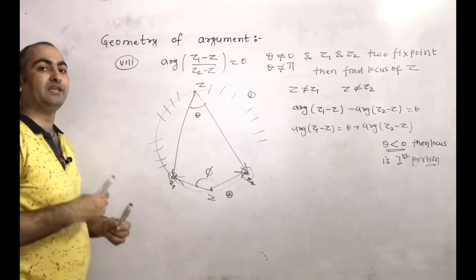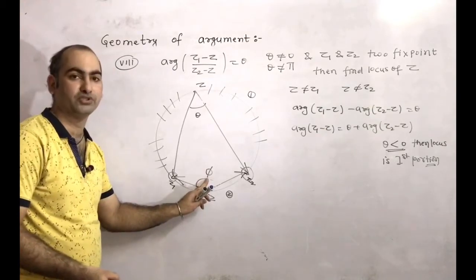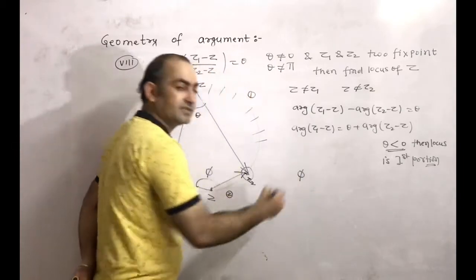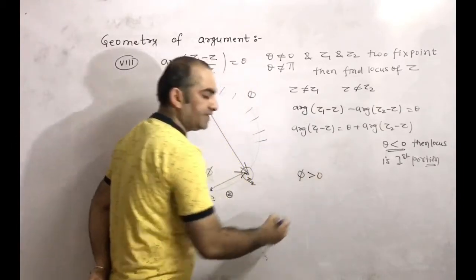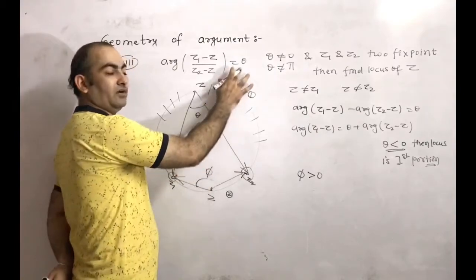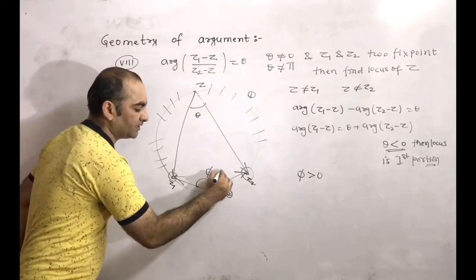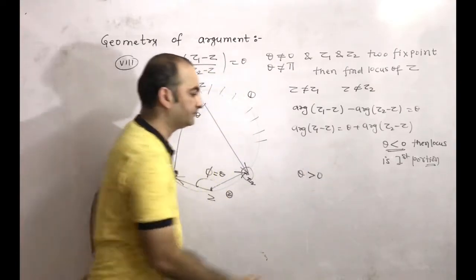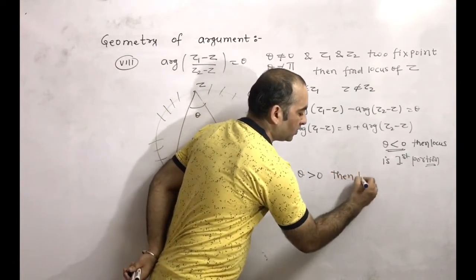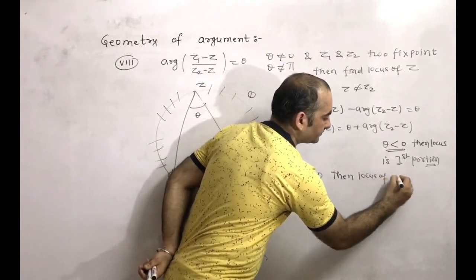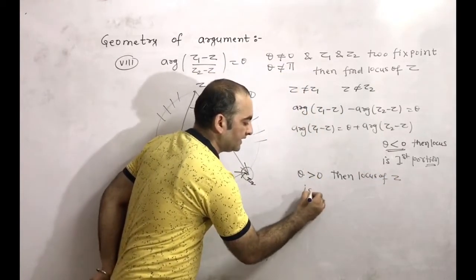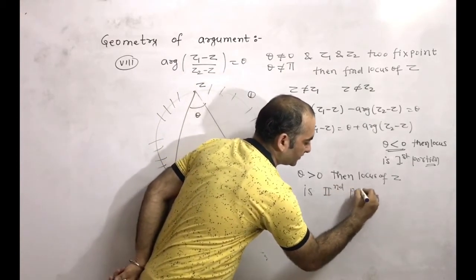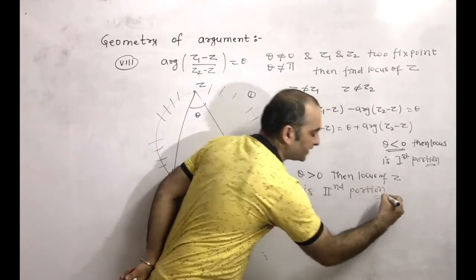If you are rotating in anti-clockwise direction, then phi should be positive. So we can say that if phi is greater than 0, that means theta. Phi is nothing but theta. If theta is greater than 0, then locus of z is second portion.